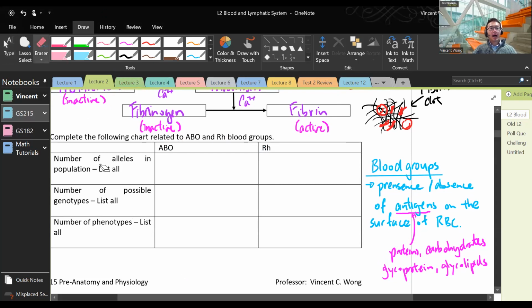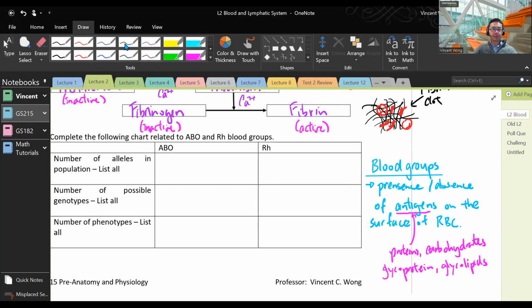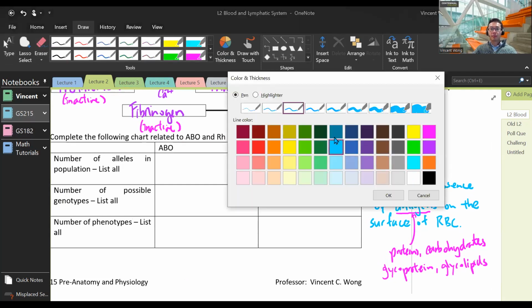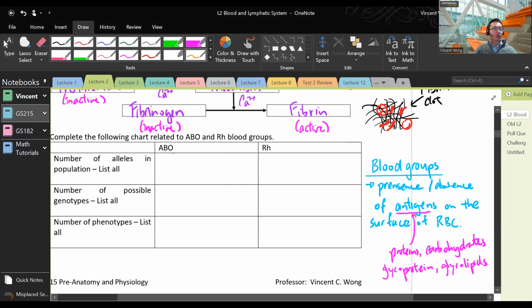How many alleles do we have for the ABO blood group? Does anybody remember the number from the lecture? That's right, we have three alleles that determine the ABO blood group: the IA allele, the IB allele, and the little i allele. So a total of 3 separate alleles, and we can combine them in various ways to form different genotypes.